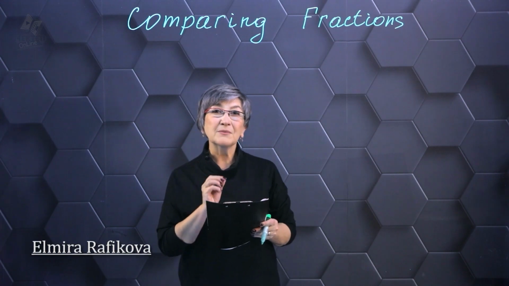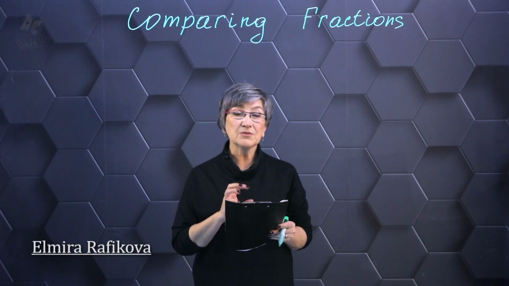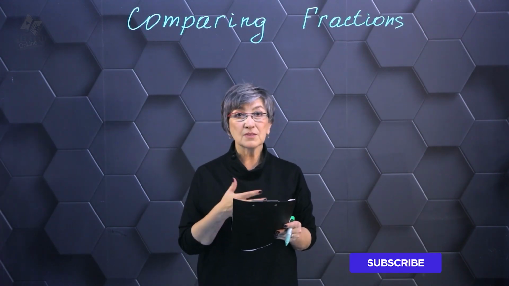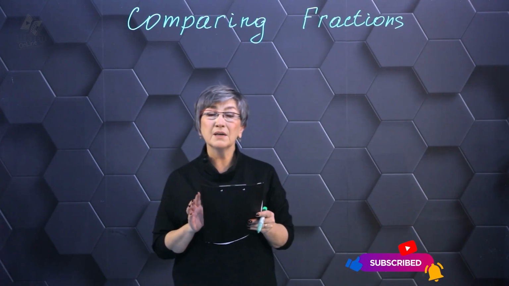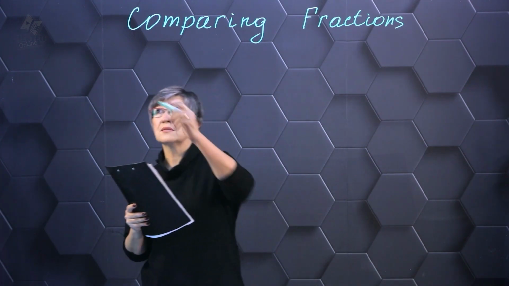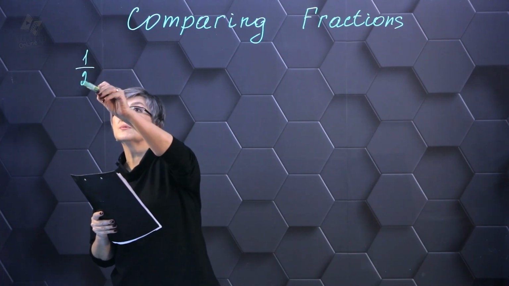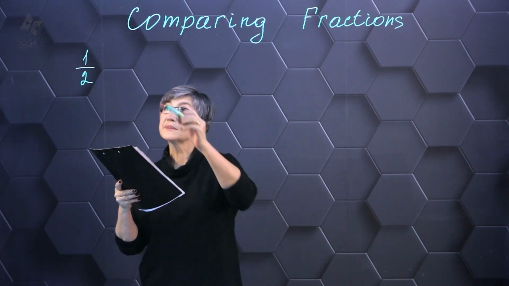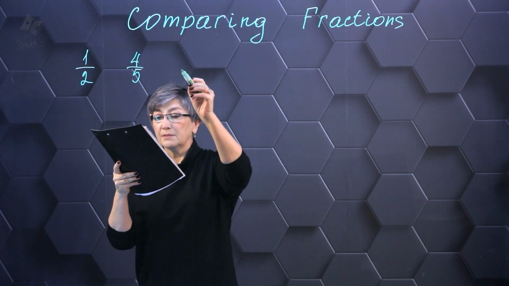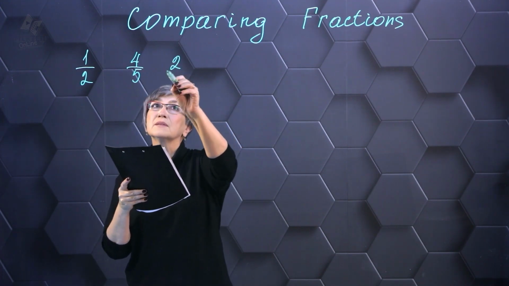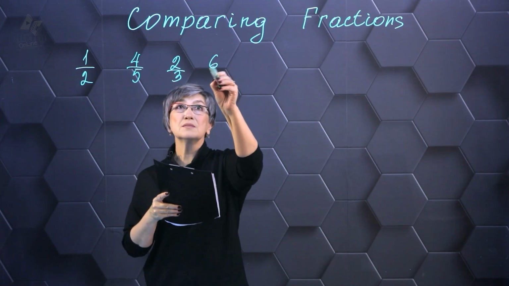Hello! Today we will continue comparing fractional numbers, but we will look at a slightly unusual task, which is very often offered to you. The assignment looks like this. I have some fractional numbers: 1/2, 4/5, and then 2/3, and a number 6/7.